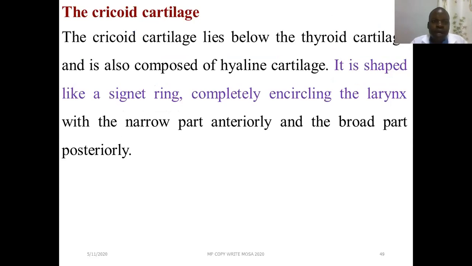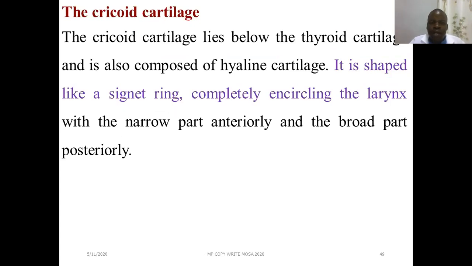The cricoid cartilage. The cricoid cartilage lies below the thyroid cartilage, and it is also composed of hyaline cartilage. It is shaped like a signet ring, completely encircling the larynx with the narrow part anteriorly and the broad part posteriorly.